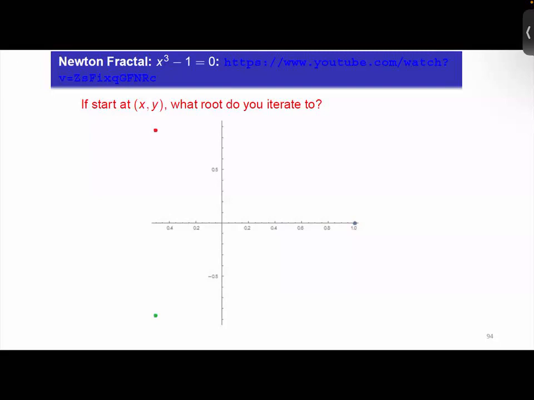So one possibility might be x greater than 0. So why x greater than 0? If I'm at 0, I'm equidistant from all the points. So why do you think x greater than 0 goes to blue?